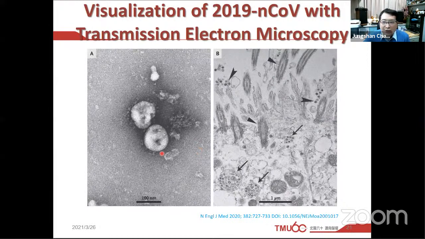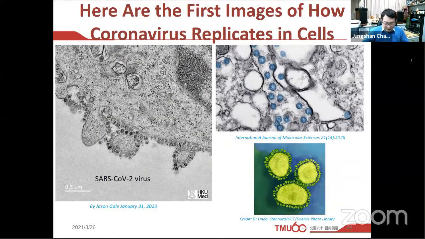You can see there are spike proteins around the virus, and they determined it has very similar homology to the bat SARS-CoV virus. In picture B, you can see the virus stored in the endosome in the cytoplasm. This is a typical feature of the coronavirus.